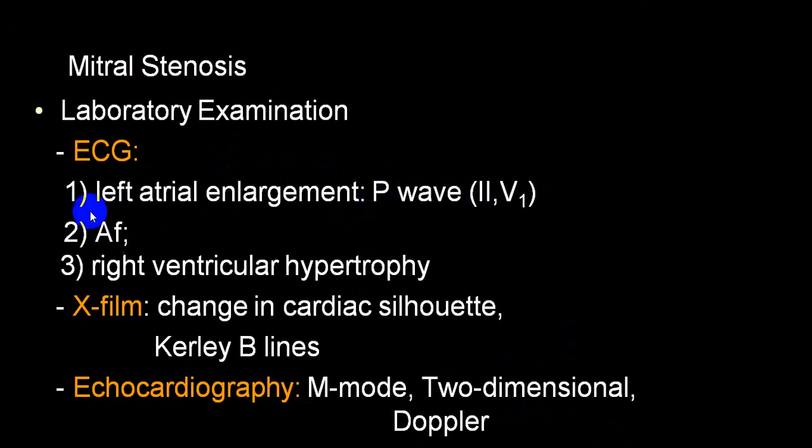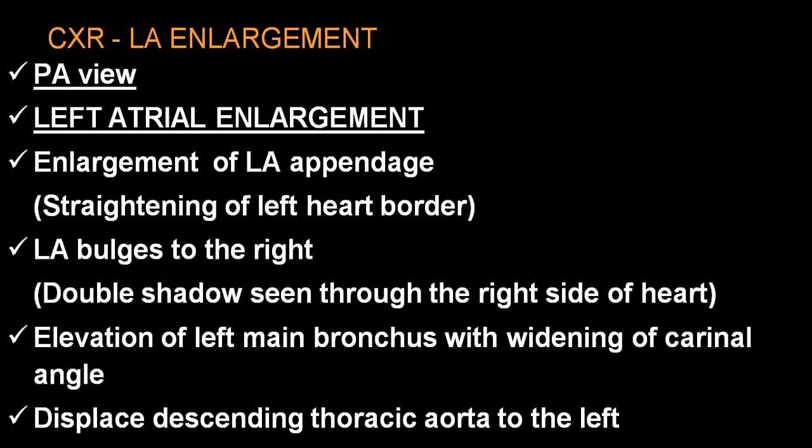You can have atrial flutter or fibrillation and RVH will be very commonly seen. X-ray, we already told you, mild cardiomegaly because there is mainly RV and big LA. In a severe variety, you can see signs of pulmonary congestion along with Kerley A lines and Kerley B lines. And echo will demonstrate all those we have mentioned before.